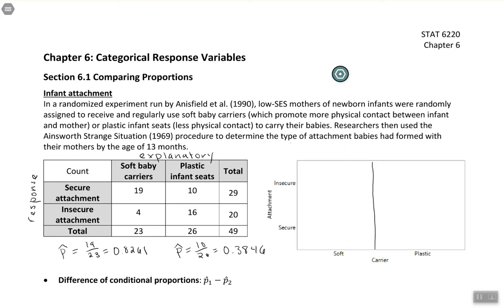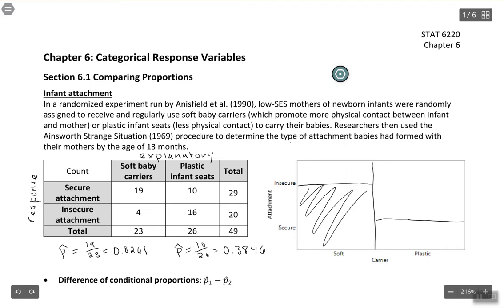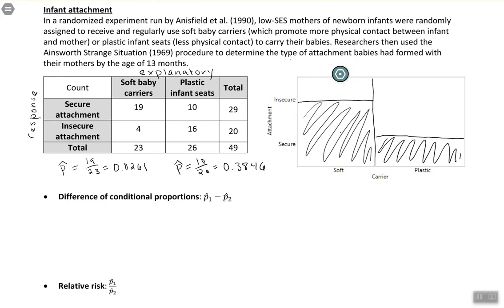For the soft carriers, we'll put it up here about 82%, and for the plastic carriers, maybe down here. This is the secure attachment that I'm marking here. Because these two proportions are different, we would say that there is an association between the type of carrier and the type of attachment.